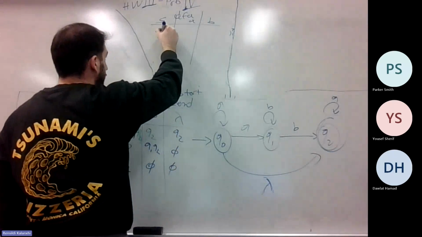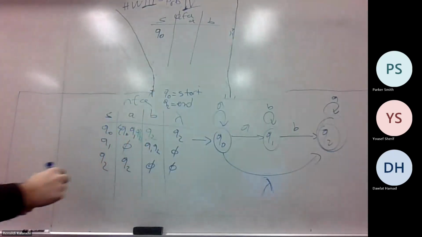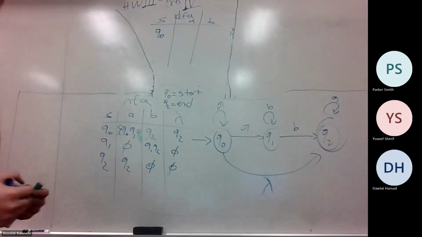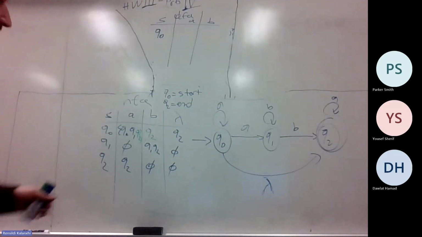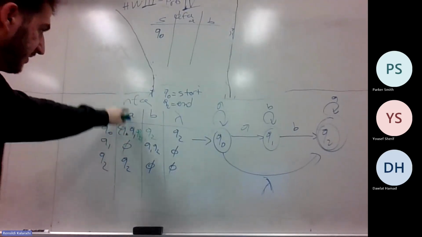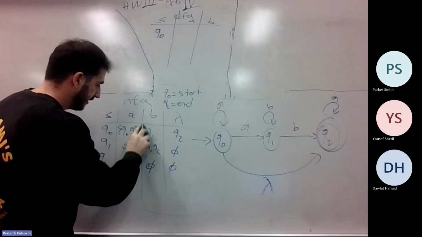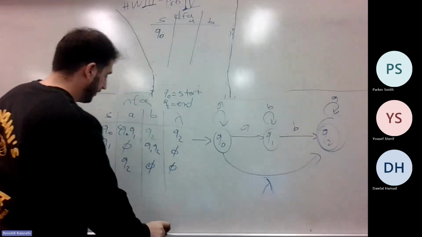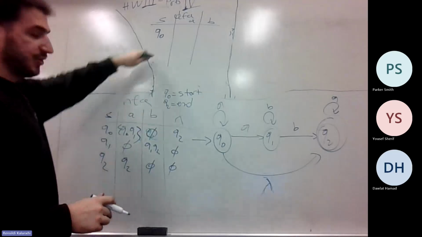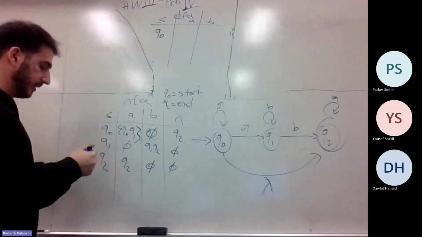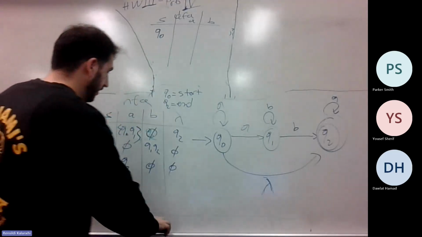So Q0 is now pointing to... I was just transitioning the first diagram to here, that's why I was confused.